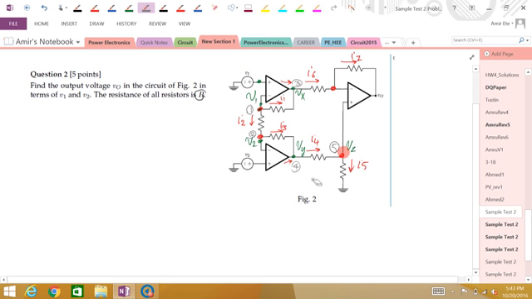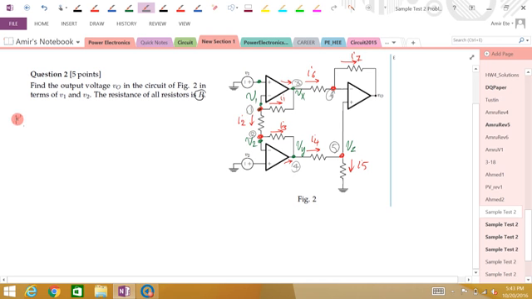I'm sorry, not node 3 and 4, because these are output nodes of the OpAmp, so they don't help. Node 5 and node 6 here. So in this case it is 1, 2, 5 and 6.